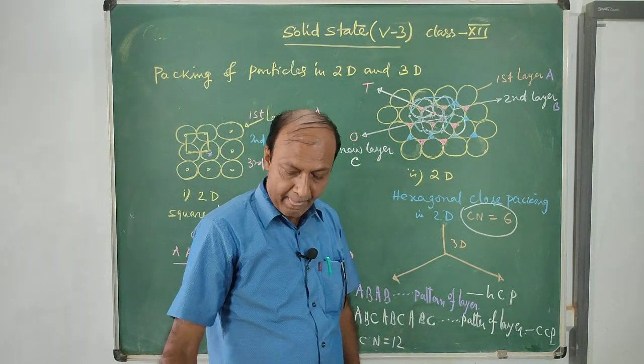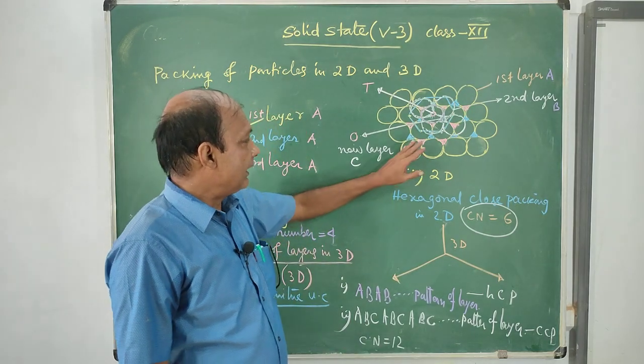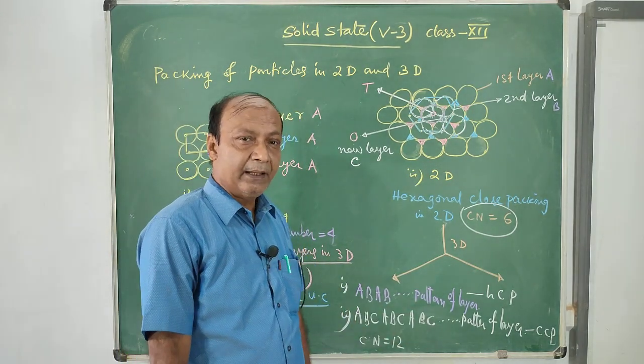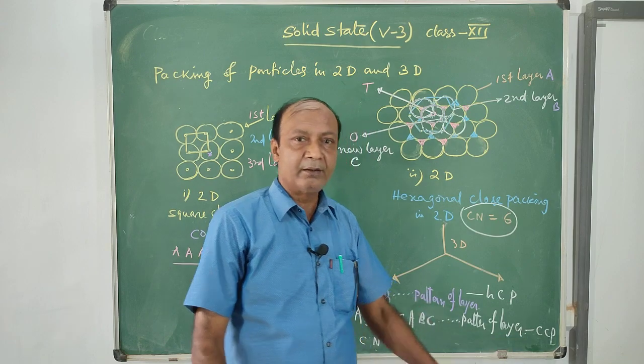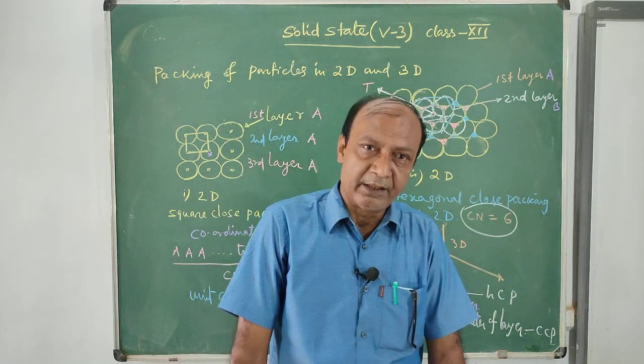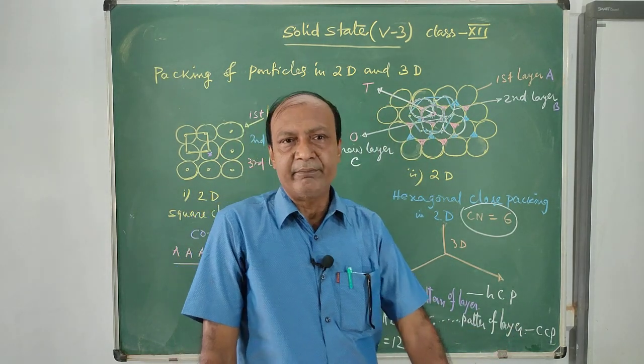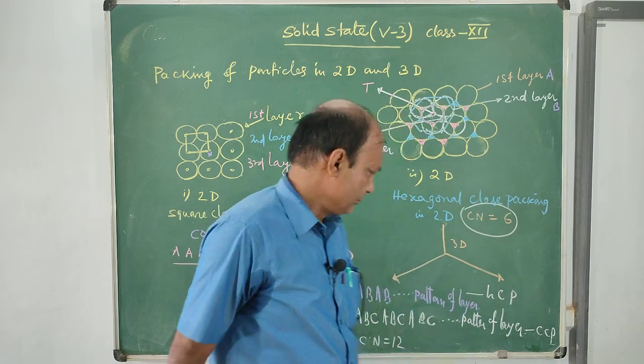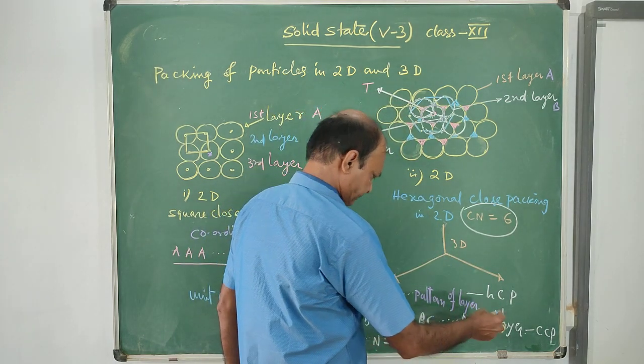Second point is, in HCP and CCP, HCP arrangement will give a hexagonal unit cell and CCP arrangement will give an FCC unit cell. So this is a point to remember.